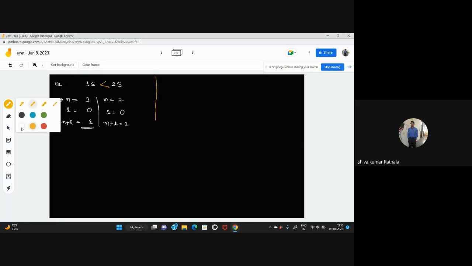If I'm taking 2s and 2p and comparing, to which one will it enter? The n value for 2s orbital is 2 and L value is 0. So the n plus L value will be how much? 2. And here n equals 2 and L equals what?